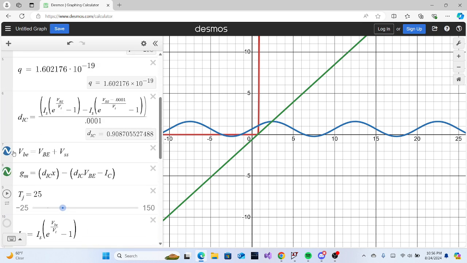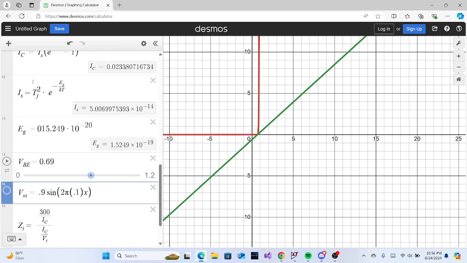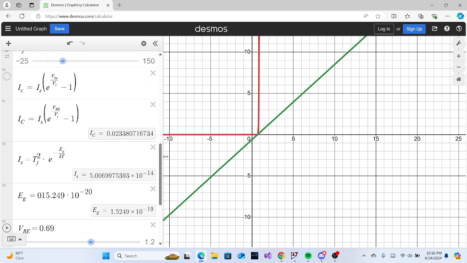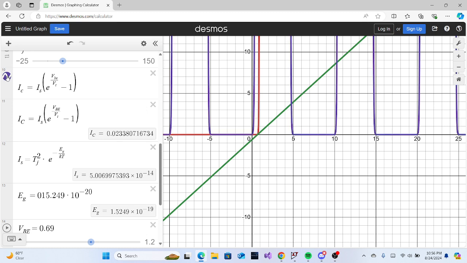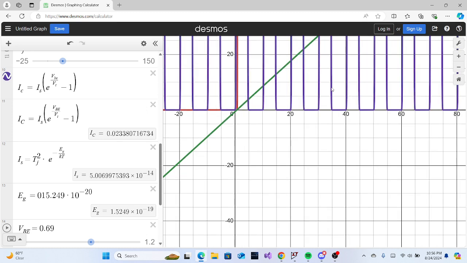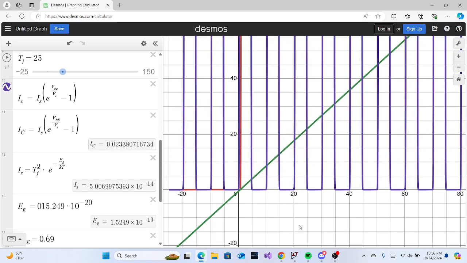I wonder if there's a way that we can do that. I think if we plot this one, oh, it's a constant. No, there we go. Okay, so this is it sliding up and down.